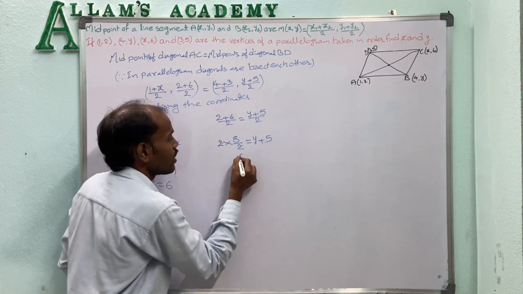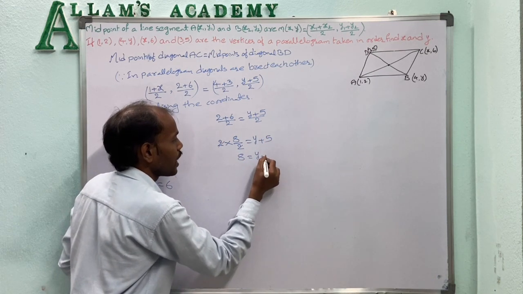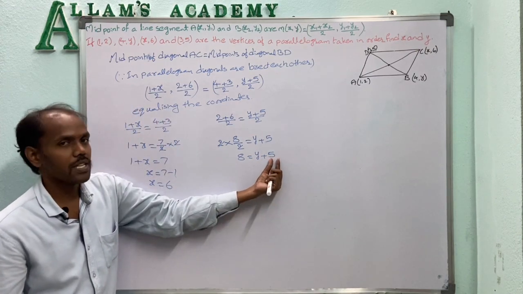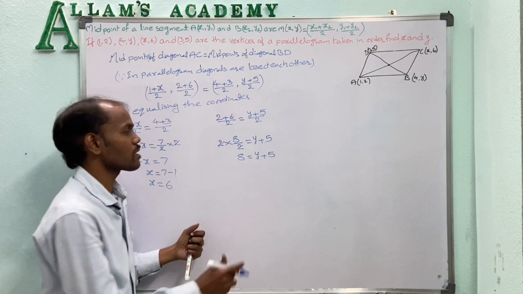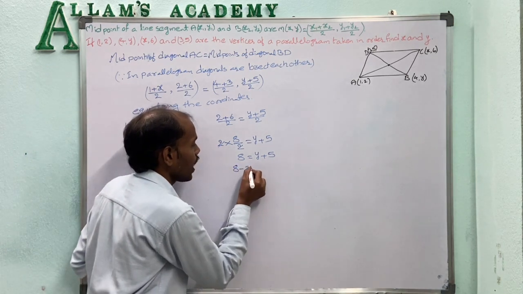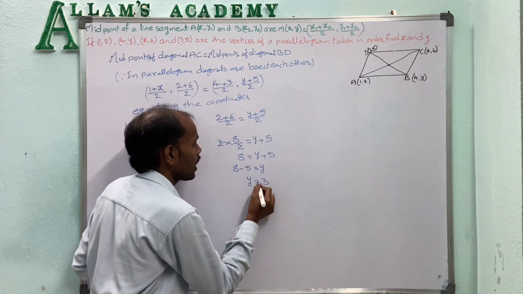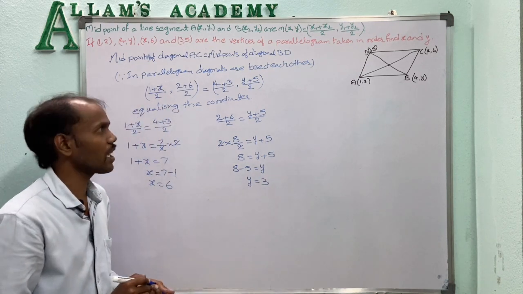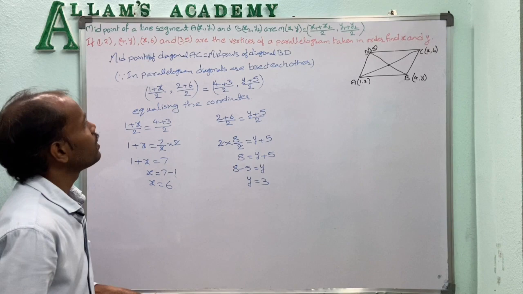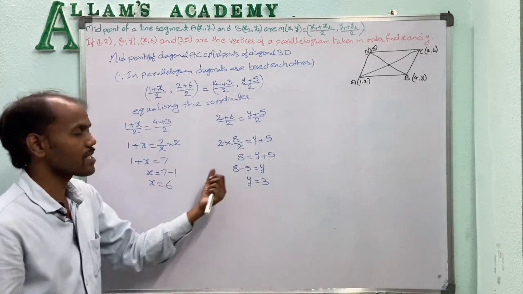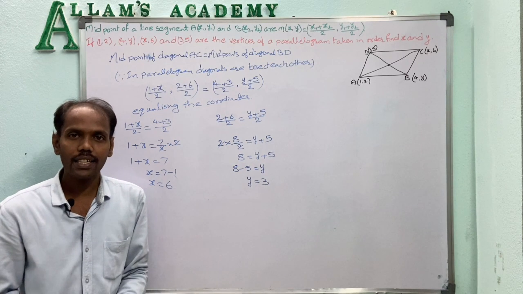The 2 gets cancelled, so 8 is equal to y plus 5. Now the plus 5 transfers to the left-hand side as minus 5, so 8 minus 5 is equal to y, which is 3. So the y value is 3. Using the midpoint formula, we get x value as 6 and y value as 3.